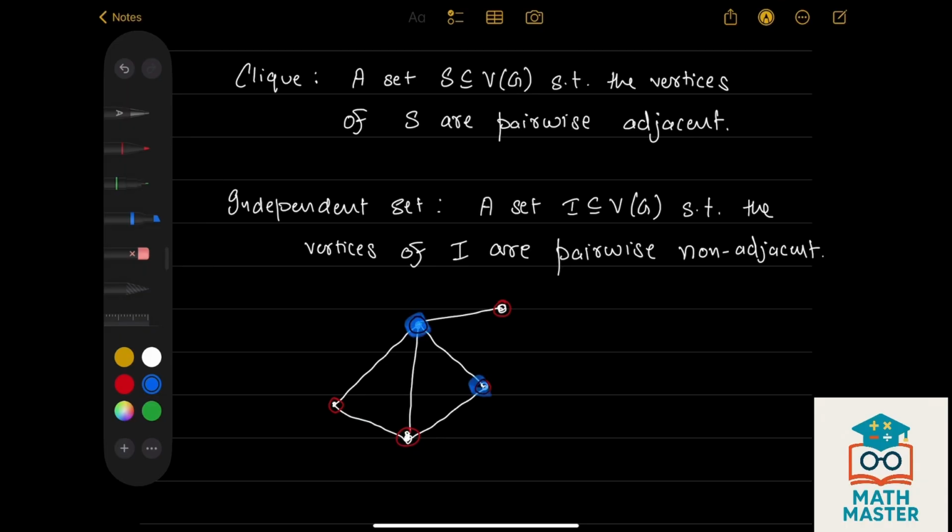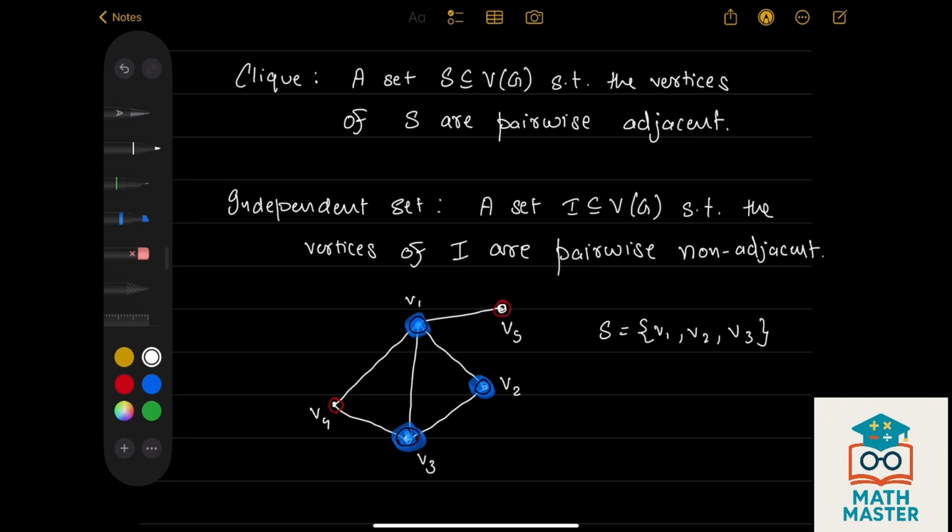Let me write the names: this is v1, v2, v3, v4, v5. So you see the set S equals {v1, v2, v3}. You can see that v1 is adjacent to v2, v2 is adjacent to v3, v1 is adjacent to v3. So that's why this set S is a clique.